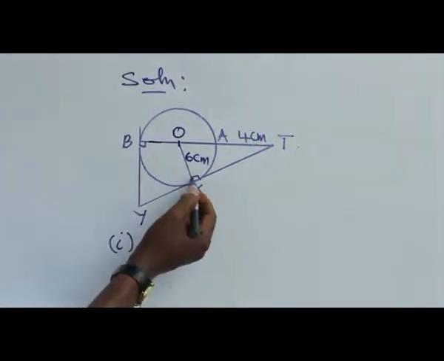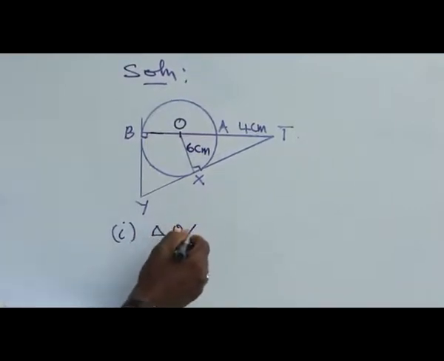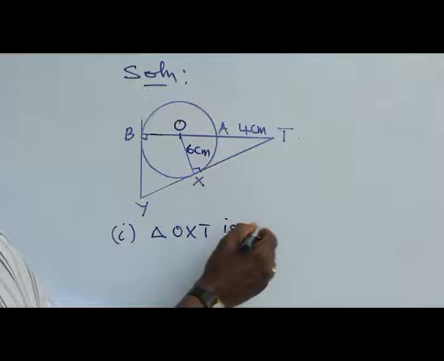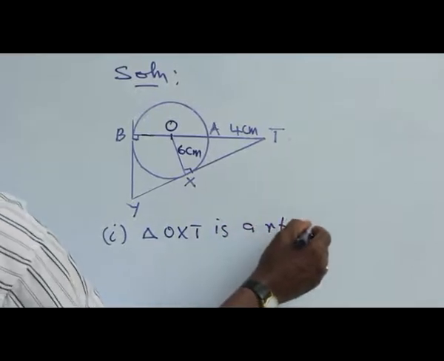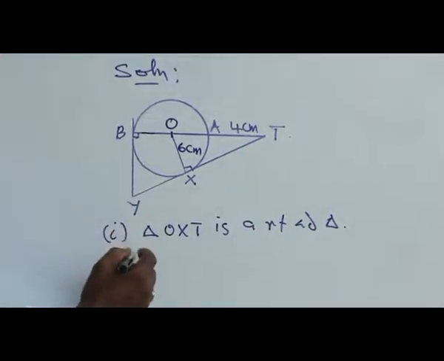As you can see, triangle OST is a right angled triangle. In other words, we can apply Pythagoras rule.